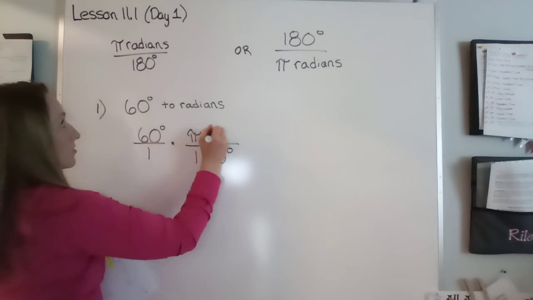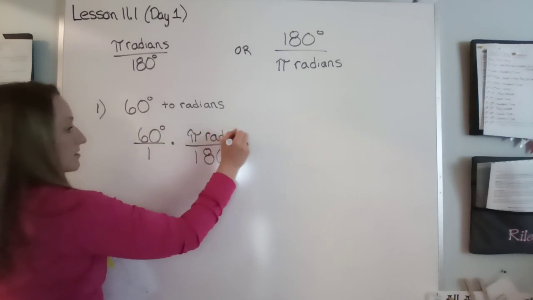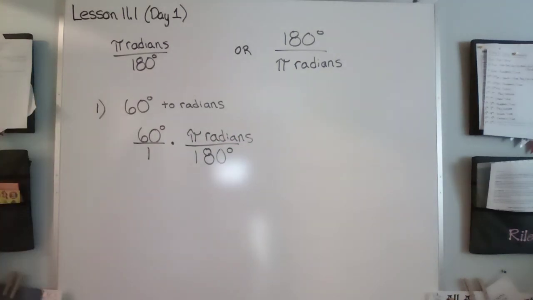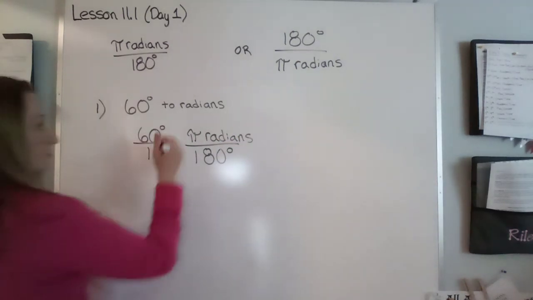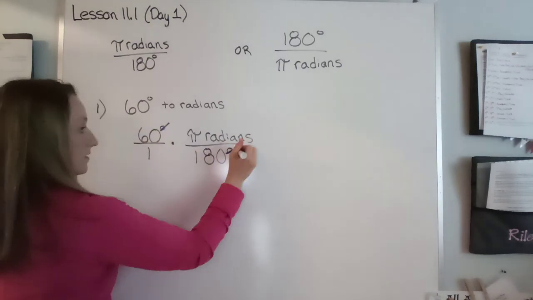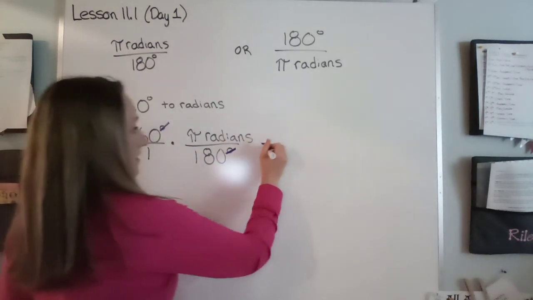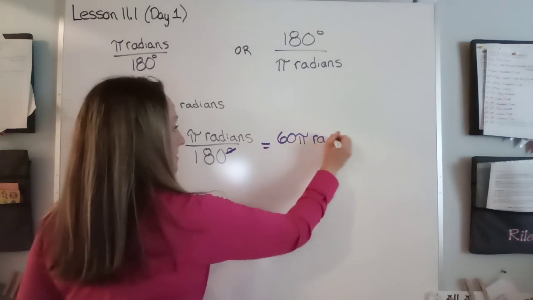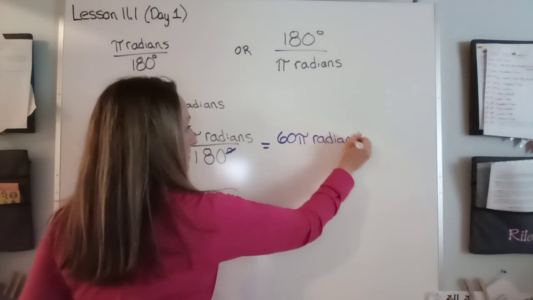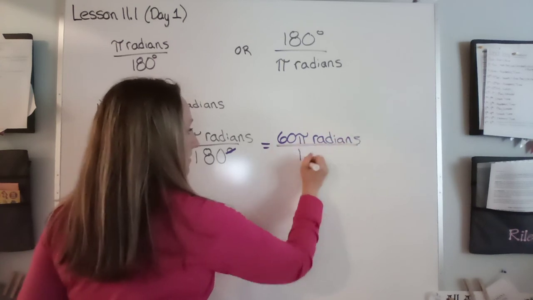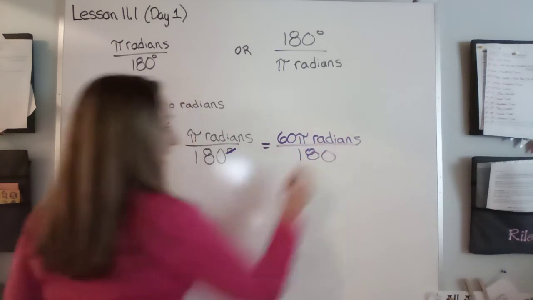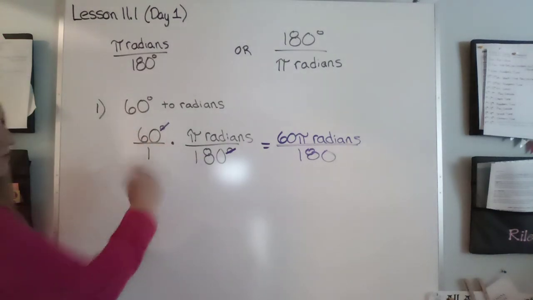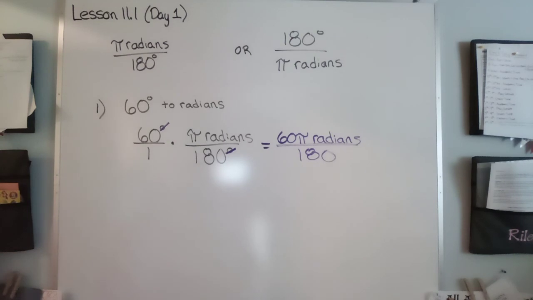So that's how I know that I'm going to pick this conversion factor rather than that. So I'm going to multiply by pi radians over 180 degrees. Because now I can see that my degrees will cancel, and I'm going to be left with 60 pi radians over 180. Now I still have to simplify, and if you want, moving forward, you can cross simplify before multiplying, but since it was the first one, I didn't do that.